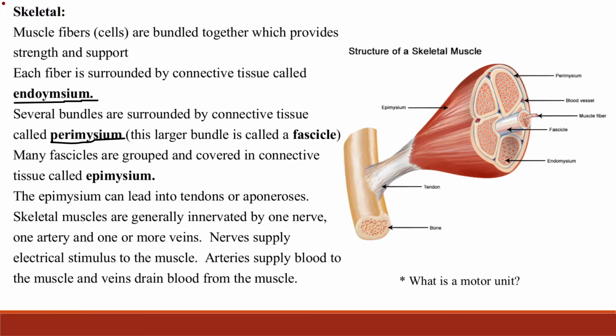And each of those bundles is called a fascicle. So if you've ever had stringy roast beef, the stringy parts, those are fascicles. And then the fascicles are bundled together and wrapped with epimysium. And the epimysium is going to lead to the tendon. So we see that here. Okay. Let's look at this up close.